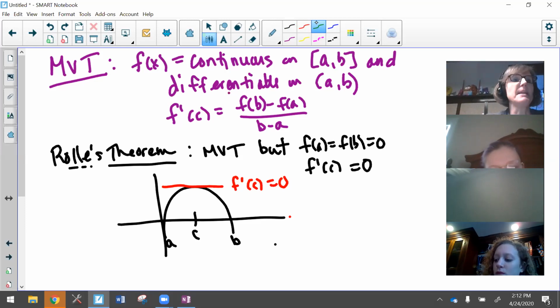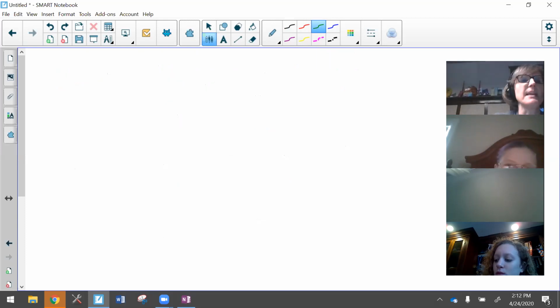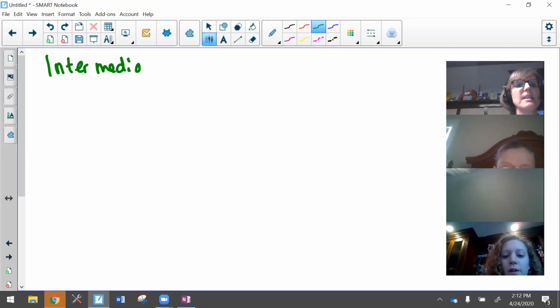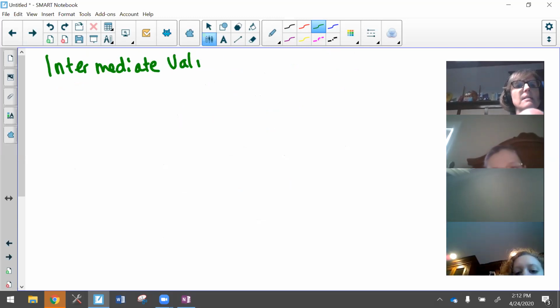There's one more little piece here, which is something that we haven't thought about in a while, which is the intermediate value theorem.